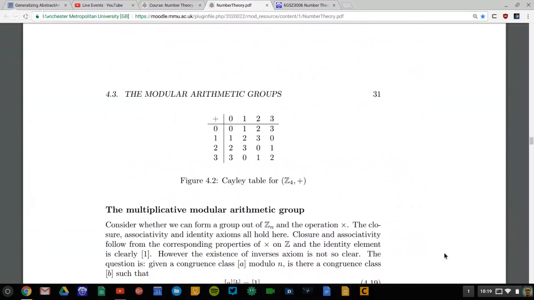Now, for general groups, which might not be commutative, depending on what the operation is, it may be that A star B is not the same as B star A. If those are always equal, then the operation is called commutative. If they're not always equal, the operation is non-commutative.